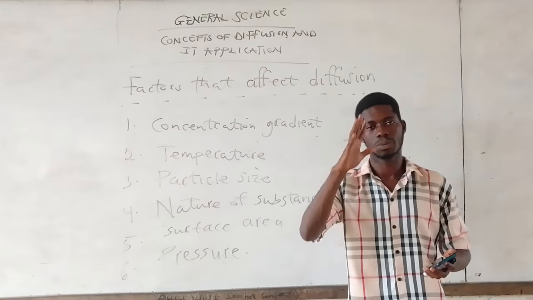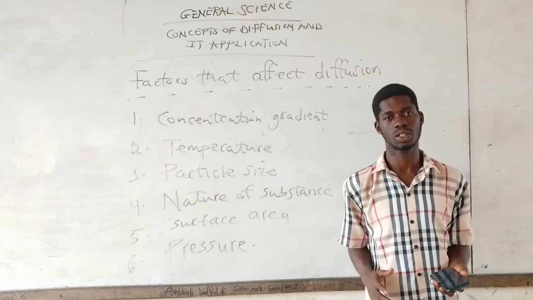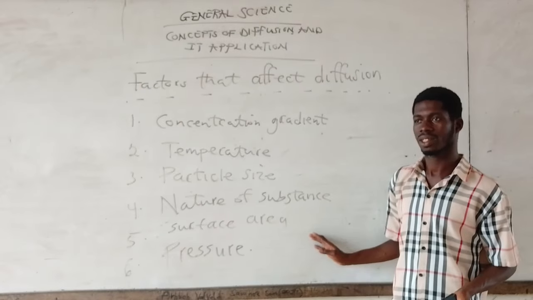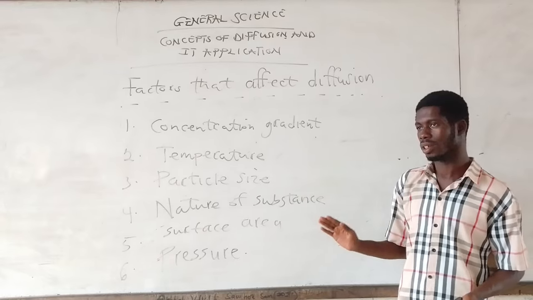But if the space is small, the particles will strike before they pass. So the surface area talks about the space that the particles will move across during diffusion. If the space is large, the rate of diffusion is faster; if the space is small, the rate of diffusion is low.